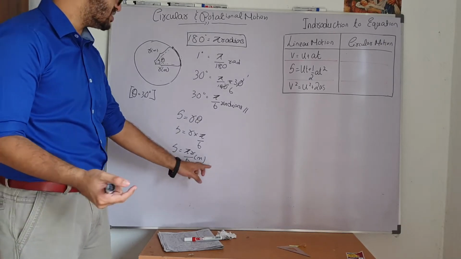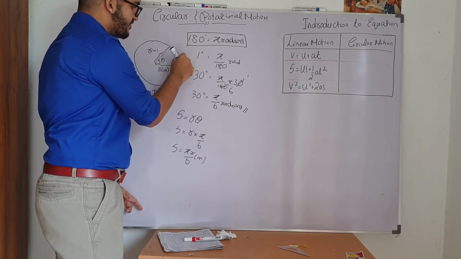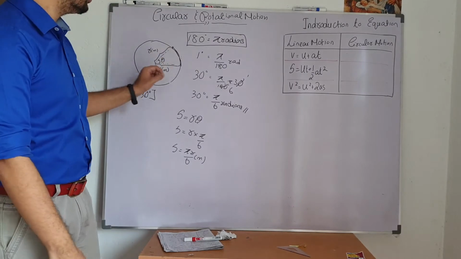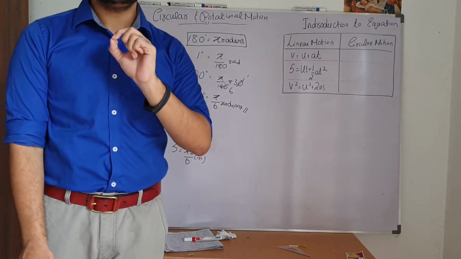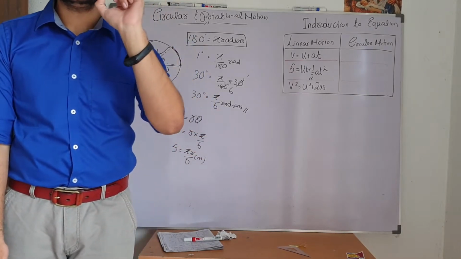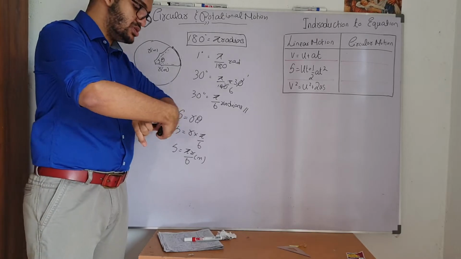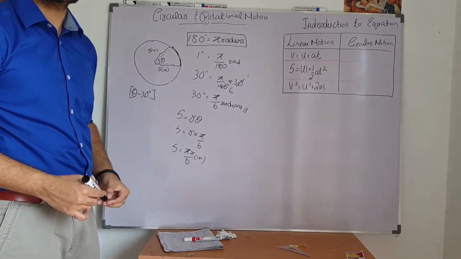Therefore, we consider the circumference of this part in meters, right? Now the next problem you will have is the angular velocity, the angular acceleration, and all the other types of accelerations we use in this lesson. So now let's find out how to obtain those values.